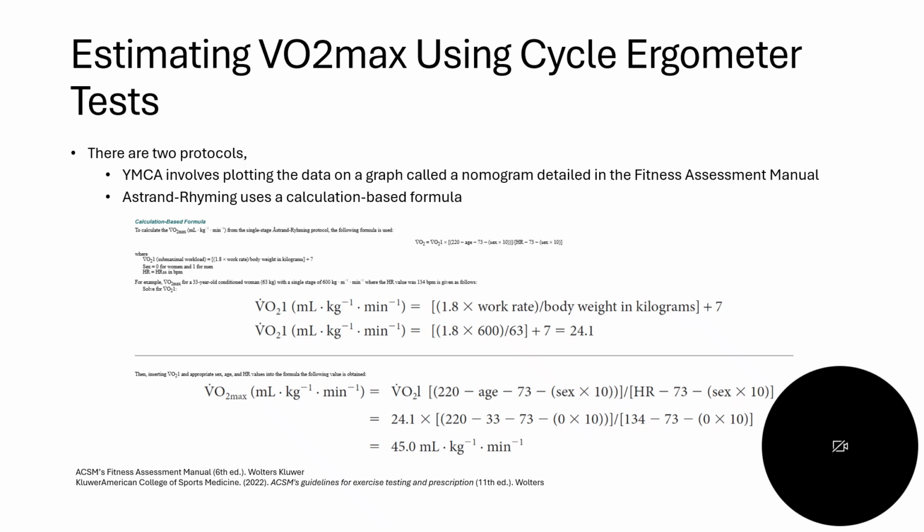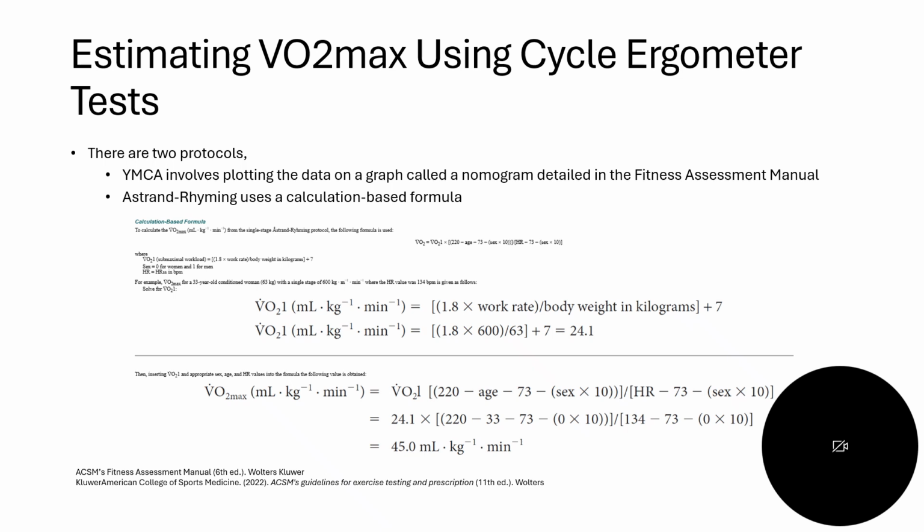The YMCA method plots your workload on the horizontal axis, the x-axis, and a steady state heart rate for each stage on the vertical axis, the y-axis. And this graph is also indicated in our workbook.